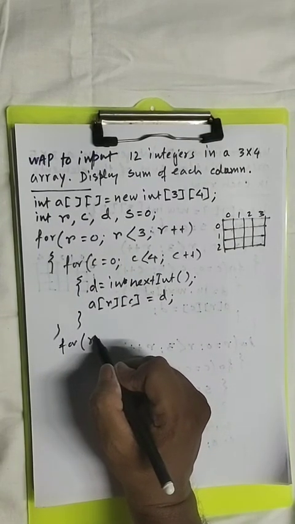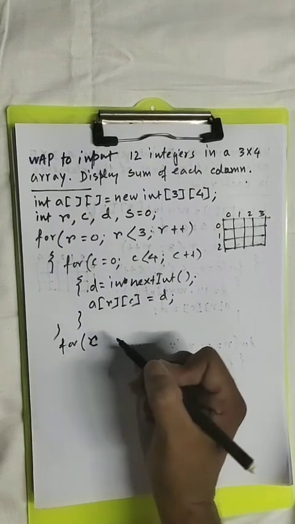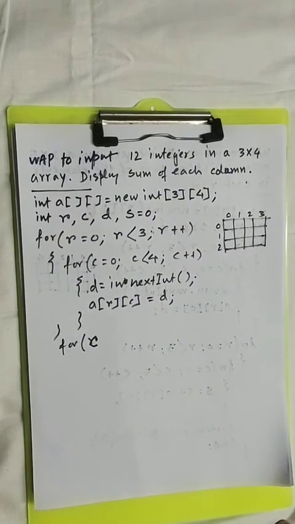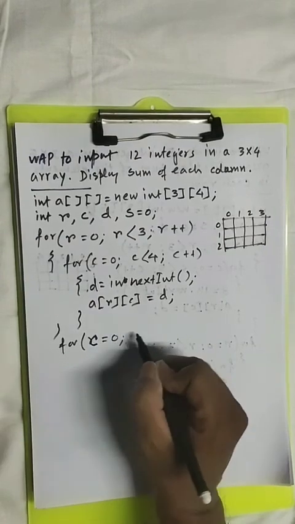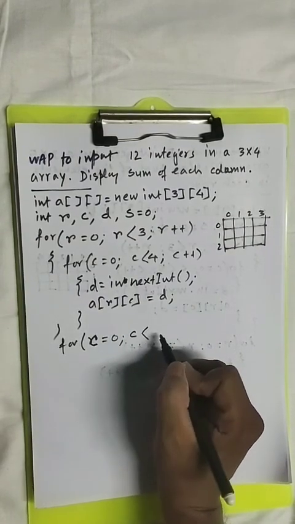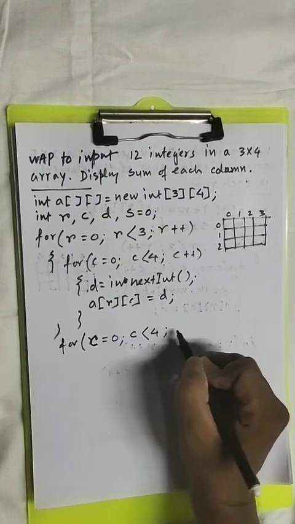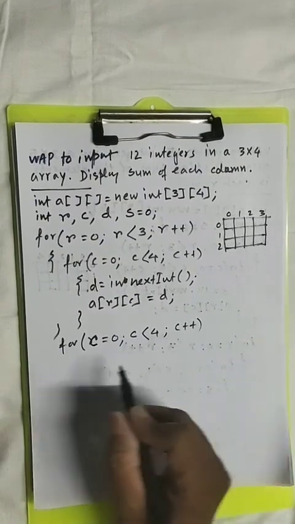Now we'll calculate sum. Let us start it with c. Since we are going to calculate sum of each column, so column will remain fixed and row will change. So c equal to 0, c less than 4, c plus plus.